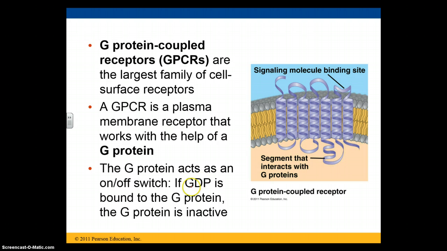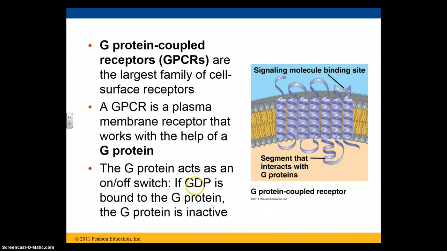So a G protein coupled receptor, or GPCR, is the largest family of cell surface receptors, and it's a plasma membrane receptor that works with the help of the G protein. And the G protein is going to act as an on-off switch. So if GDP is bound to the G protein, then the G protein is inactive.